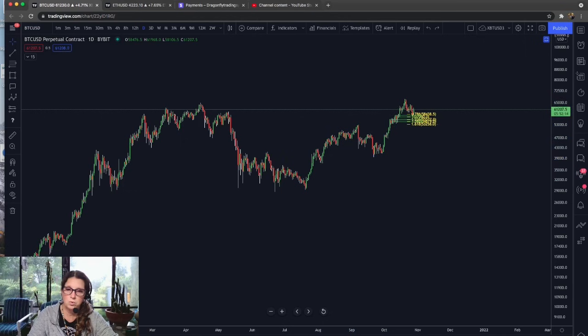The other bull is that we created in 1, a 2, a 3, a 4, and a 5, and it was a leading diagonal. We had a correction of an A, a B, and a C to the downside. This 5 is actually up here.